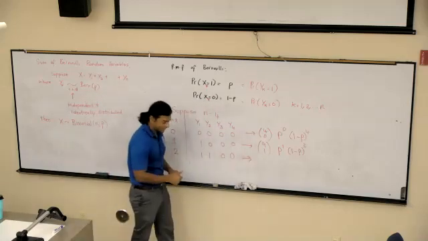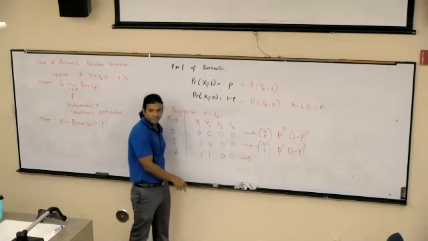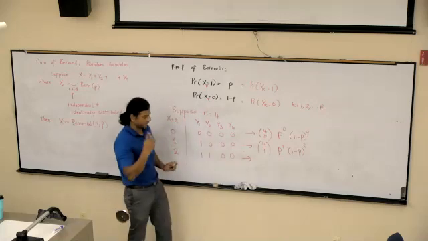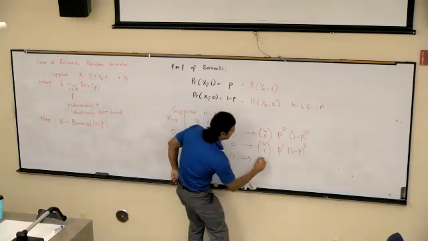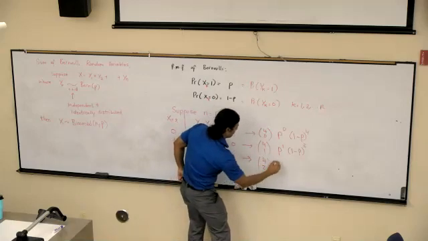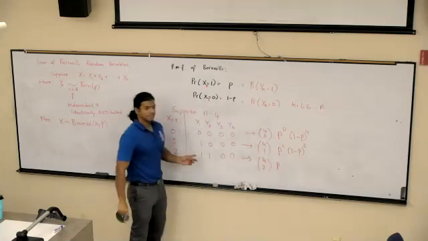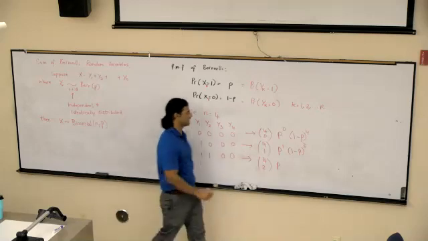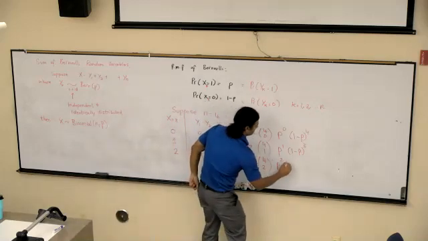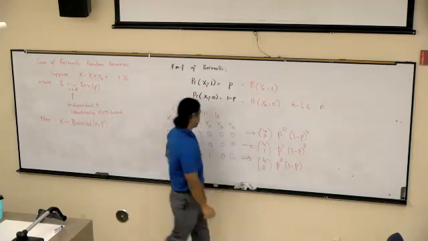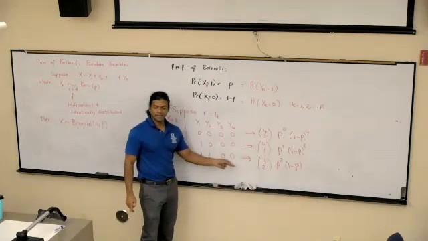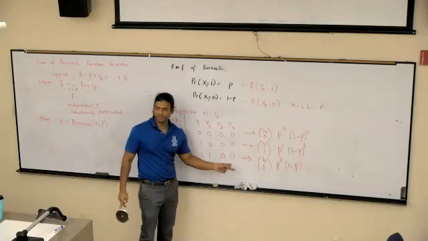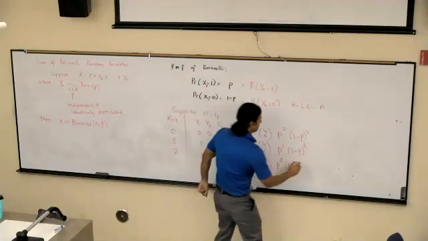Another way to write it, you have 4 possibilities. Out of those 4, you pick 2. So 4 choose 2. Success multiplied by success, p squared. And 2 failure probabilities, 1 minus p times 1 minus p, giving 1 minus p squared.